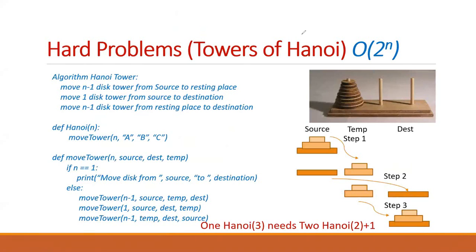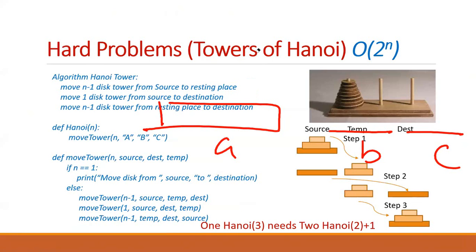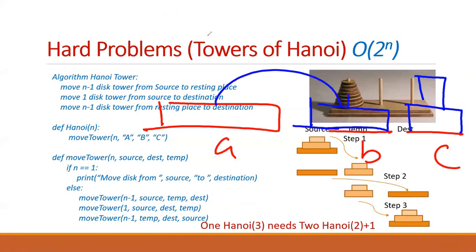If I have a 3 level Hanoi Tower, right? And from A, I want to move to B, right? So the first thing I need to do is move these two to C first. Then I move this one to here, right? And then I take this out, I move that one to there.